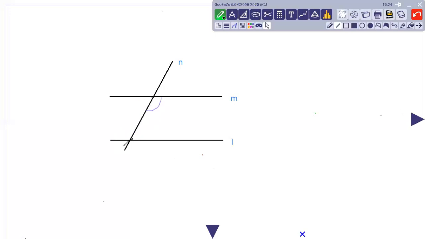These two angles are equal, and these two angles are equal. This is about parallel lines and a transversal. Two parallel lines, L parallel to M, and the transversal N, intersecting the two parallel lines at this point and at this point.